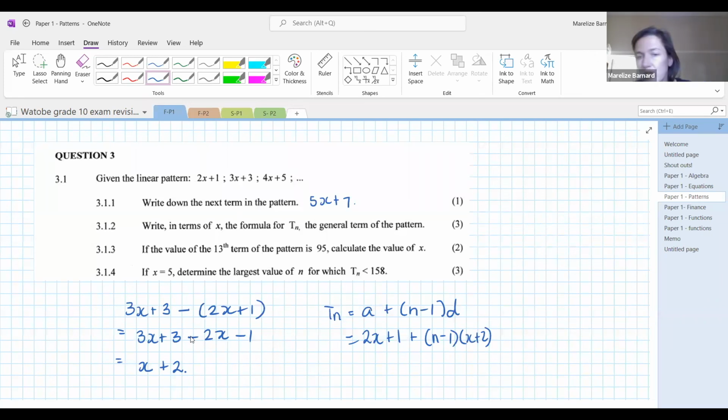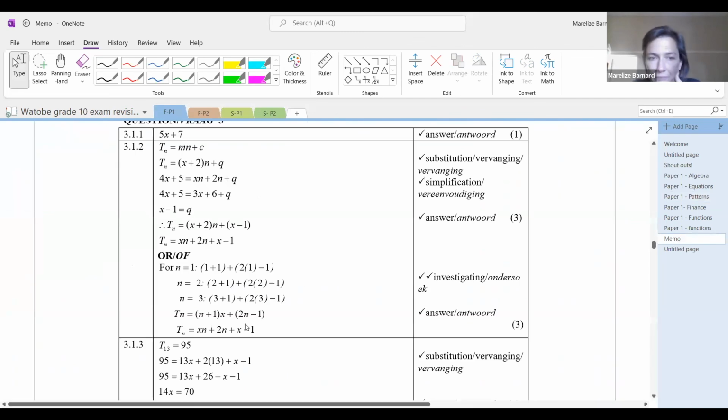So you substitute that in, and you can multiply it out, and then you'll get the answer that they've got here. Okay, the other way to do it is using Tn as mn plus c, which is that constant difference times n plus whatever your c is.